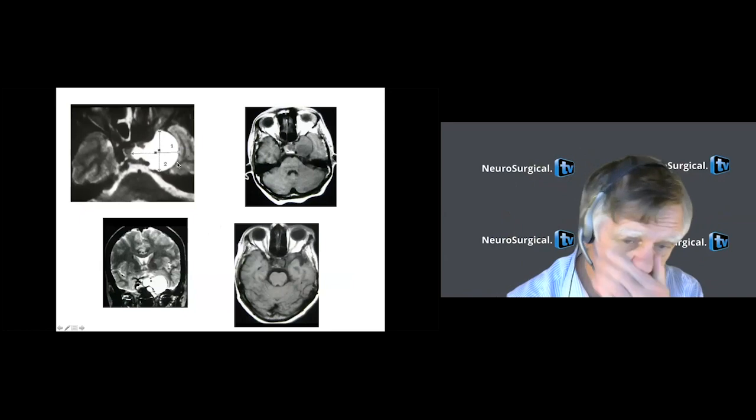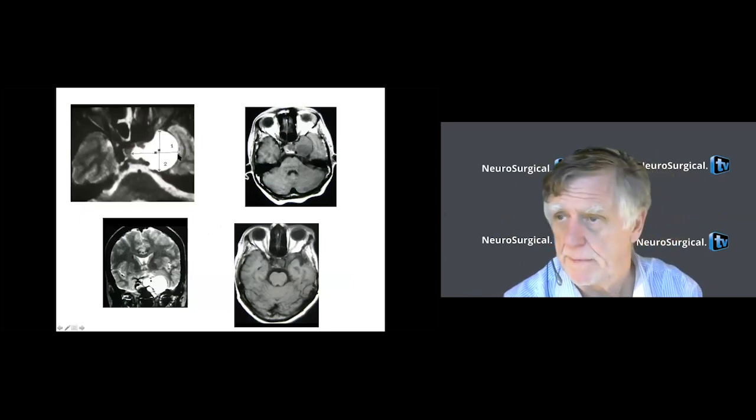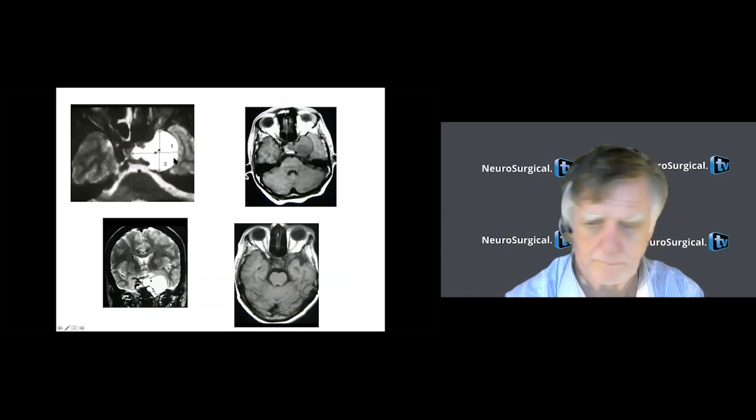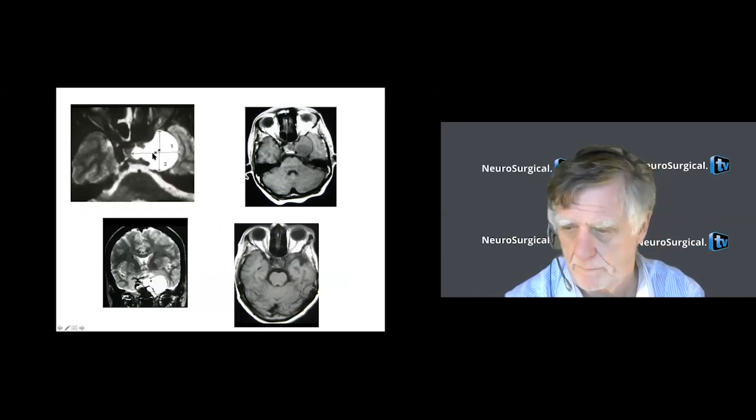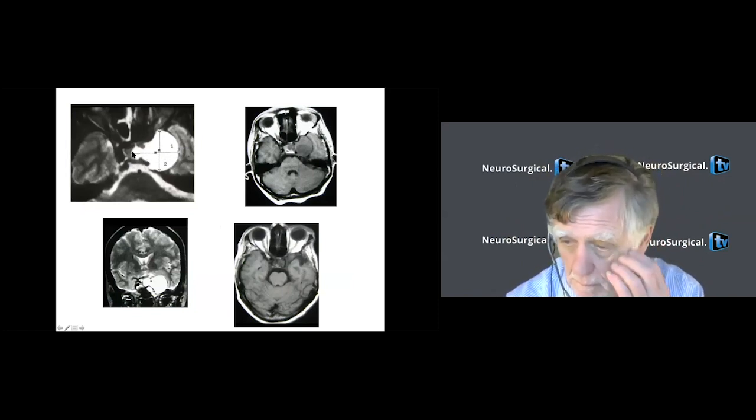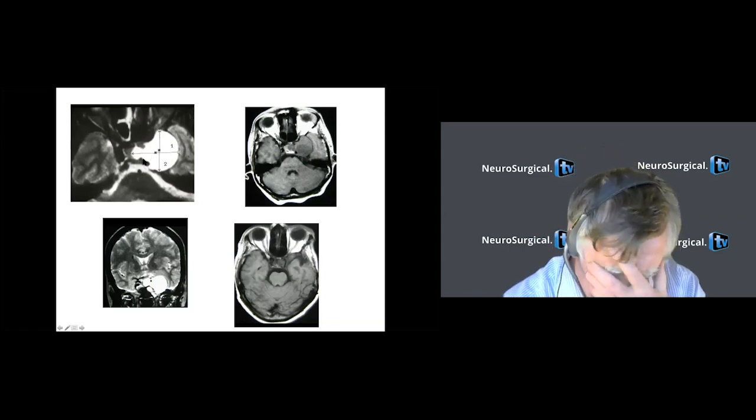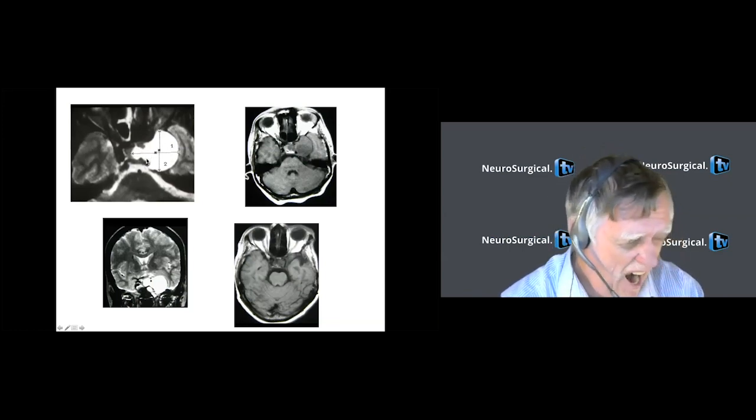This is not a pituitary tumor, this is a cavernous hemangioma of the cavernous sinus. No matter how big cavernous hemangiomas become, they can go towards the pituitary gland, they can go into the intercavernous sinus, but they never transgress the dura of the pituitary gland, period.